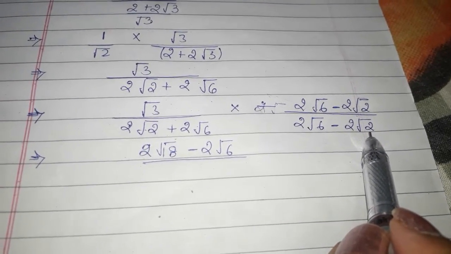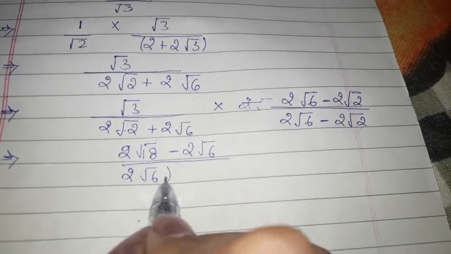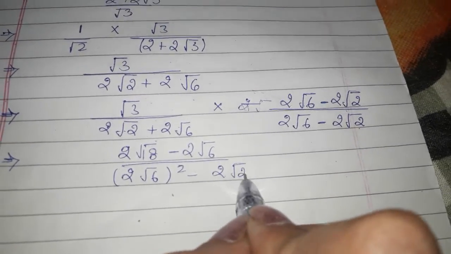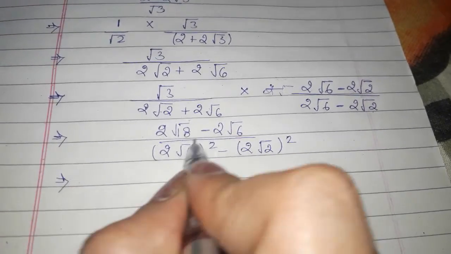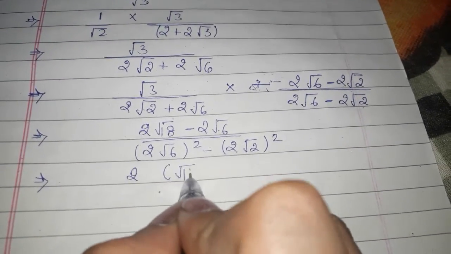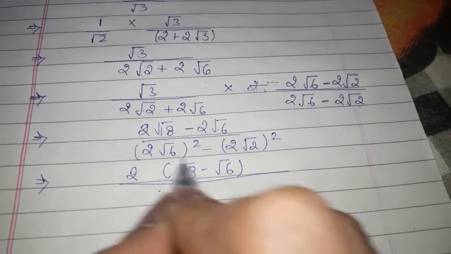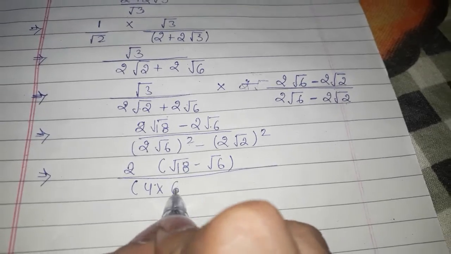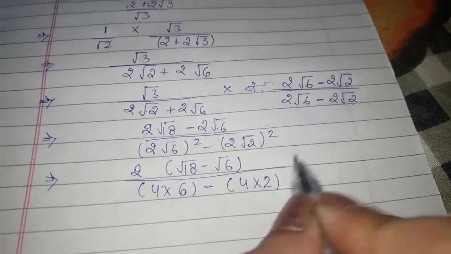So it will become a square minus b square, 2 root 6 square minus 2 root 2 square. Here we can take 2 as common. 2 root 6 square, 2 2s are 4 into root 6 square is 6 minus 2 2s are 4 into root 2 square is 2.